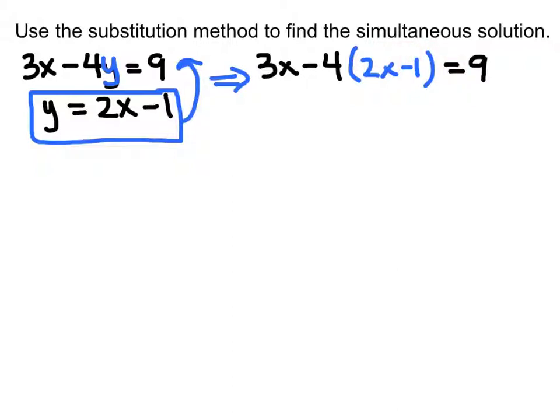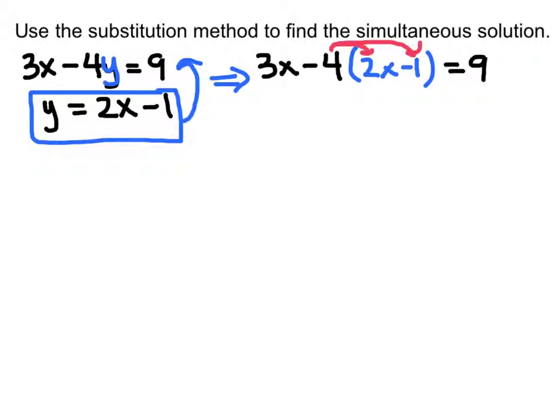So once you've substituted the 2x minus 1 into the top equation, you'll notice that it is an equation in one variable. So if we want to solve the equation in one variable, we will get rid of parentheses by using the distributive property.